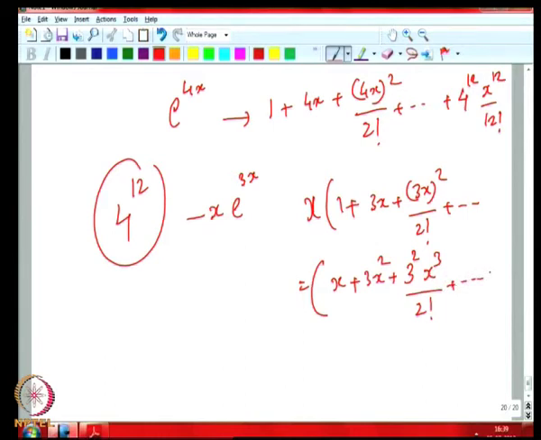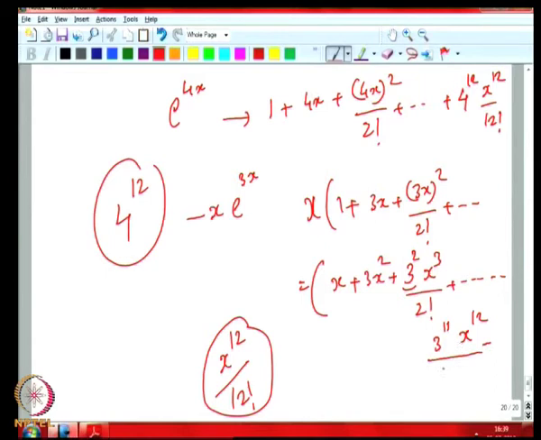Now if you are looking for the coefficient of x raised to 12 by 12 factorial, somewhere here x raised to 12 will come, here you will see 3 raised to 11, because this x took the power of x by 1 extra, but below we will have 11 factorial, not 12 factorial, because x raised to 11 became x raised to 12 because of this multiplication by x.